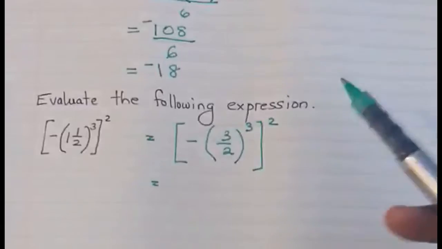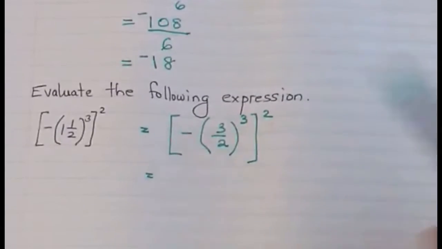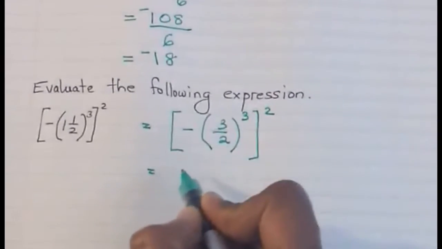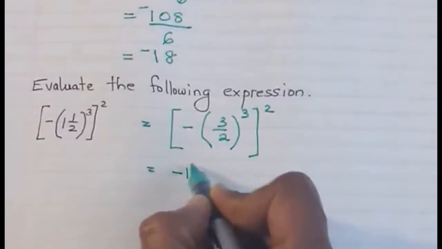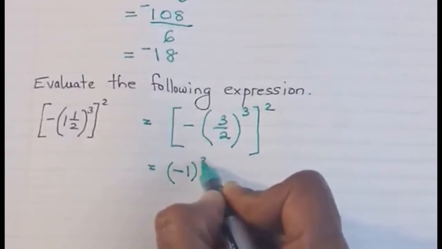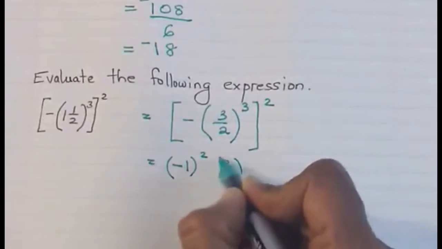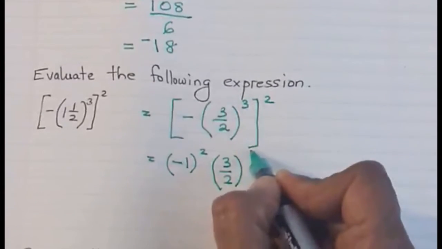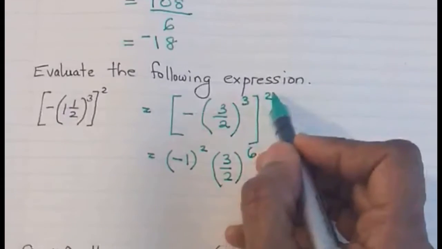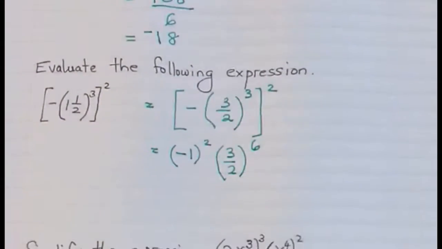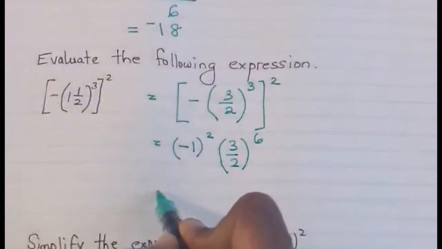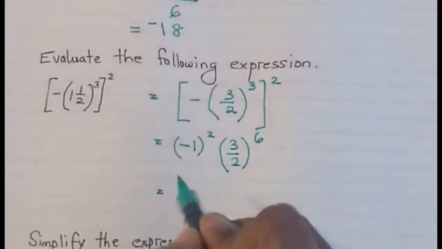And for -1, it's going to be just 2 because it's just squared. So we have -1 squared, and 3/2 is going to be raised to 6, because it already had a 3, and then multiplied by 2 would be 6. Now let's see whether we can simplify this to get the final answer.